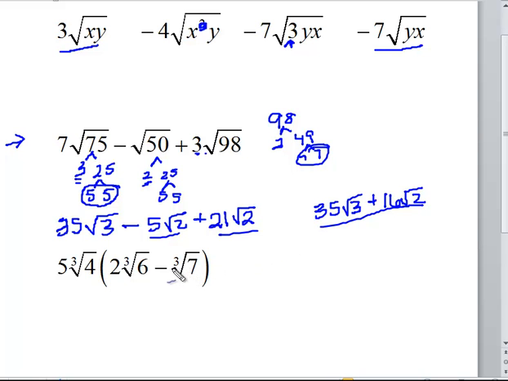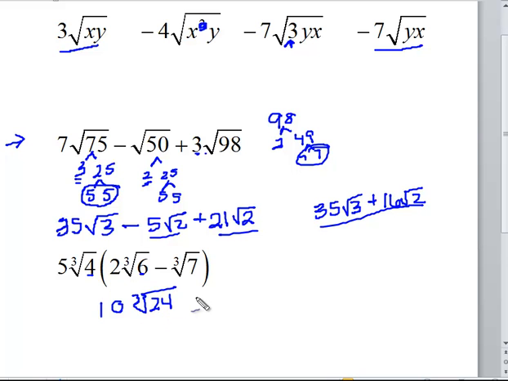Here you have a multiplication problem. To multiply radicals, we multiply the outsides together, and then we multiply the insides together. So we'd have 10, and the index stays the same, so that's still cube root, and then the 4 times the 6, 24.